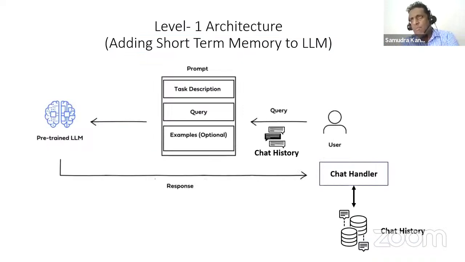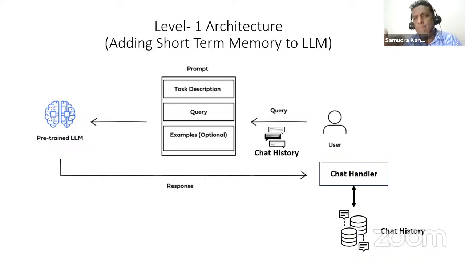Then when it comes to level 1 of the architecture, I mentioned that these language models don't have long-term or short-term memory. That means it just does something and forgets it. If you look at ChatGPT, on the other hand, you can see that it preserves your knowledge within the session.